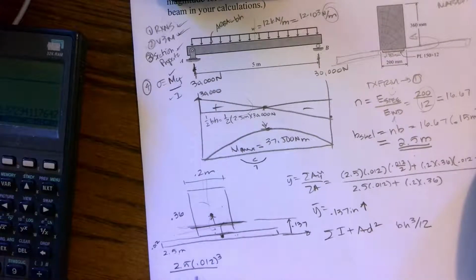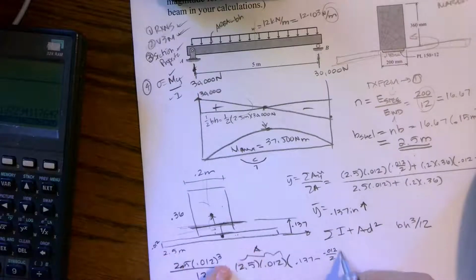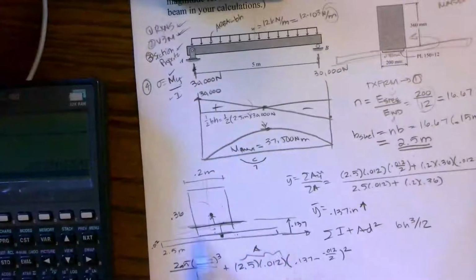So the base of 2.5, 0.012 cubed over 12, plus 2.5 times 0.012, that's my area, and then 0.137 minus 0.012 over 2, squared. So that'll give us the moment of inertia of this bottom piece with respect to the whole.